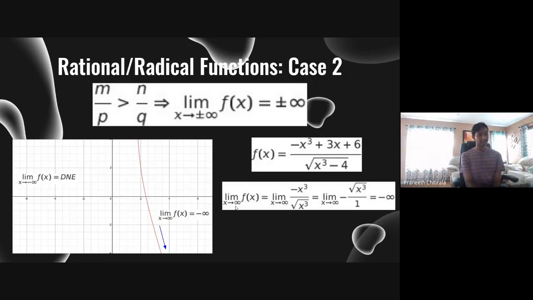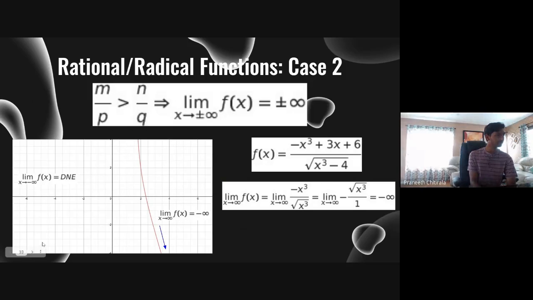This time I excluded negative infinity because you see this square root here. You cannot take the square root of a negative number, or you can, but it will not be a real number; it'll only be a complex number. So negative infinity is excluded because of the square root. The term inside the square root shouldn't be negative, so only positive infinity matters.